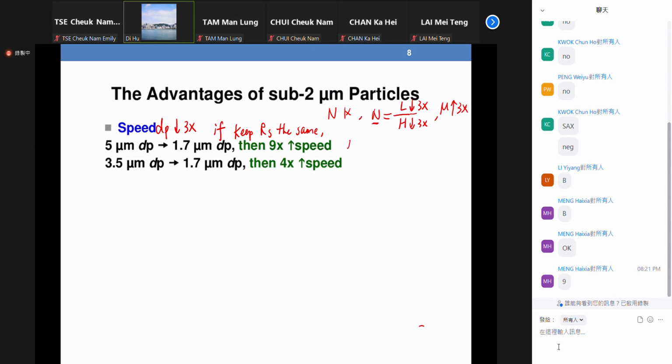So the time we can use for analysis now equals L divided by linear velocity. Because now L decreased by 3 times and velocity increased by 3 times. Shorter length, faster speed. So the overall T, what happened?